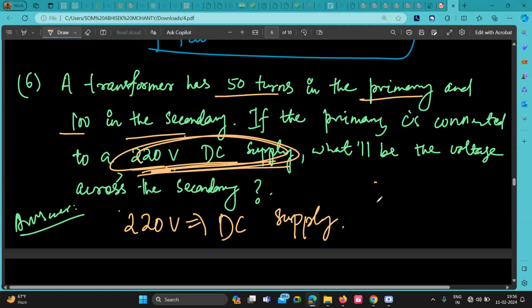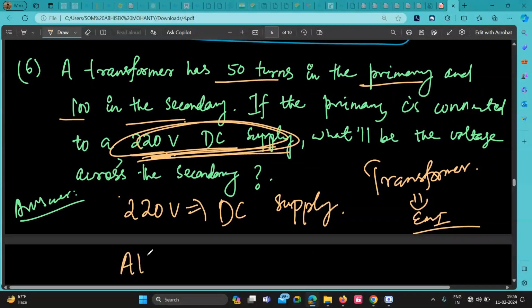But we know a transformer works on the principle of what? It works on electromagnetic induction. And electromagnetic induction is only possible in case of what? Alternating current. Okay, only alternating current.